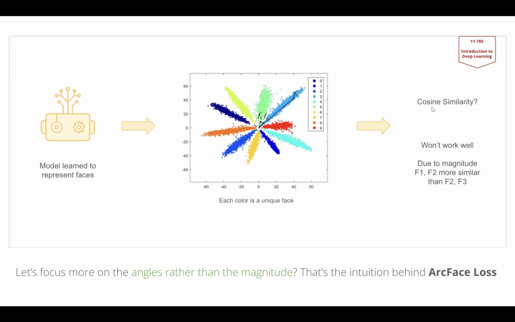However, if we use something just like the cosine similarity to understand the relation between face 1, face 2, and face 3, it may not work well simply because, due to the magnitude, f1 and f2 are more similar than f2 and f3, but f2 and f3 belong to the same cluster.